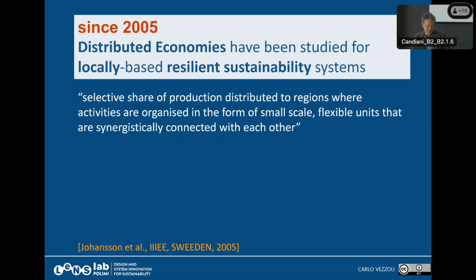They have been studying those as locally based and resilient sustainability. The way in which they defined those was a selective share of production distributed to regions where activities are organized in the form of small-scale, flexible units that are synergetically connected with each other.